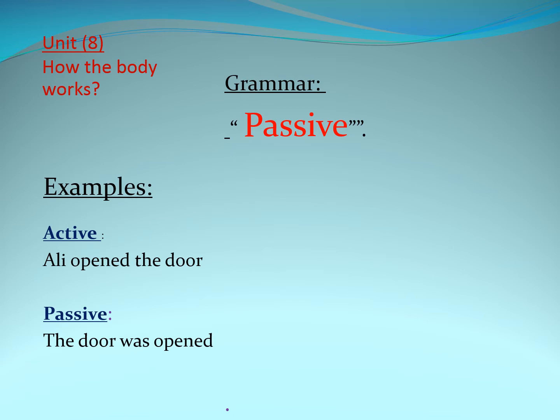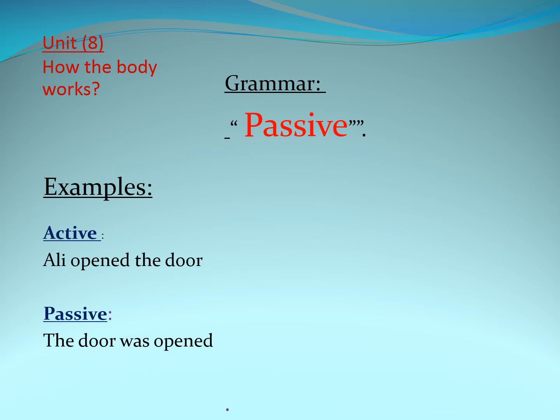Example number 1, Ali opened the door. Example number 2, the door was opened. What is the difference between the first example and the second example? If we look at the first example, we will find a simple sentence which consists of subject plus verb plus object.